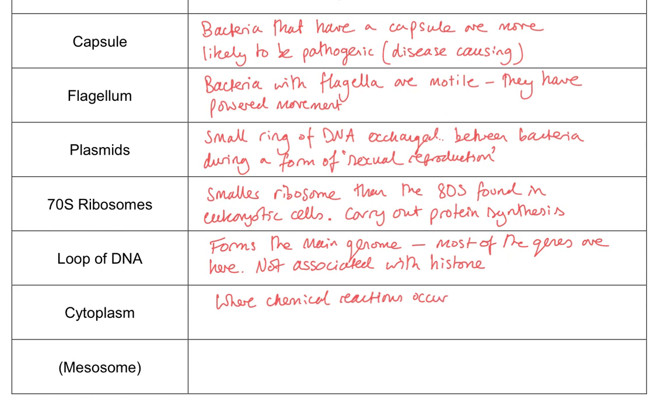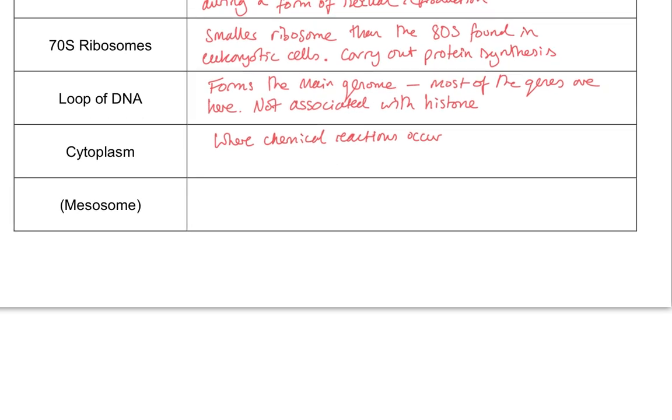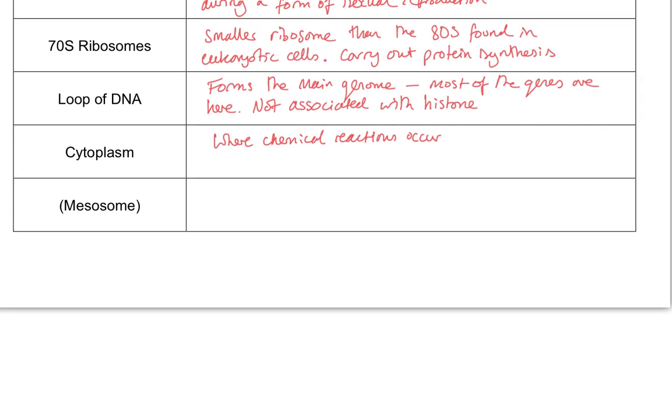Then we get to mesosome. It's now in brackets rather than inverted commas, but never mind. We used to think that this was a place, like the cristae membrane, as in a way that they can get a larger surface area. We now think it's probably an artifact, as in when we've looked at them under a microscope, we've dehydrated the cell slightly, and therefore it's just like a shrunken bit of the cell membrane. So that's what it really is now.